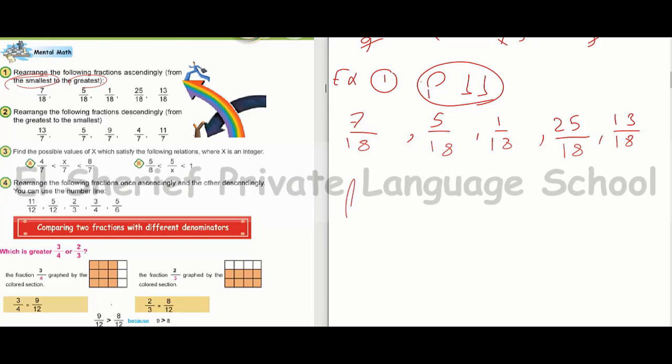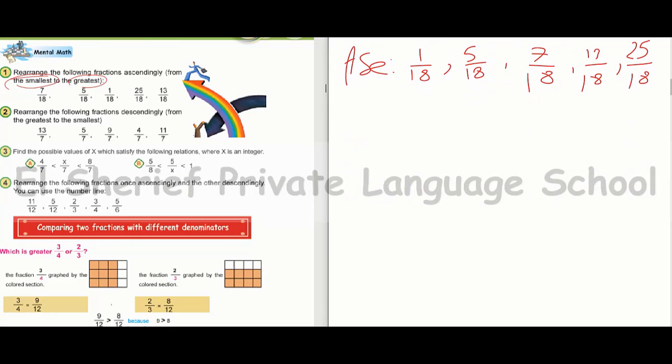We need ascending, so the smallest numerator is 1, so 1 over 18, then 5 over 18, 7 over 18, then 13 over 18 and 25 over 18.